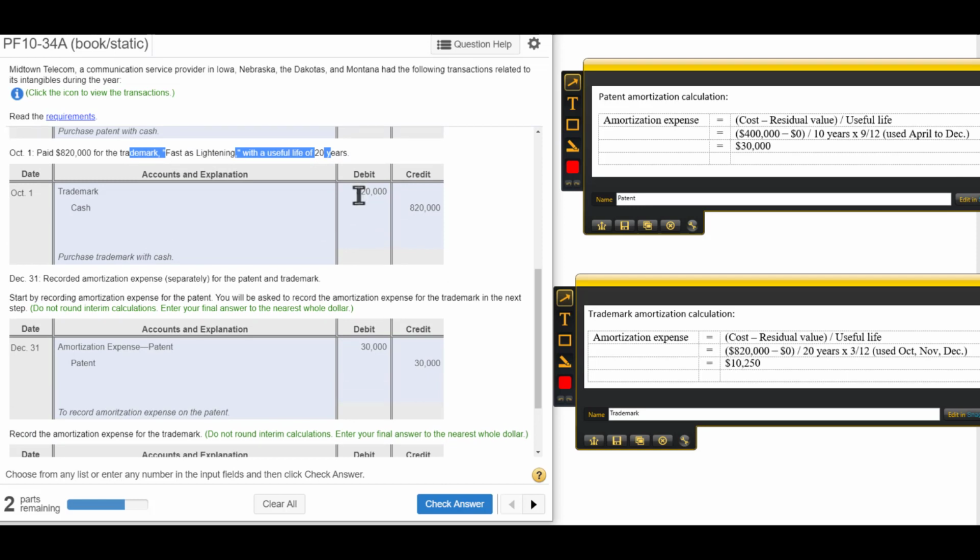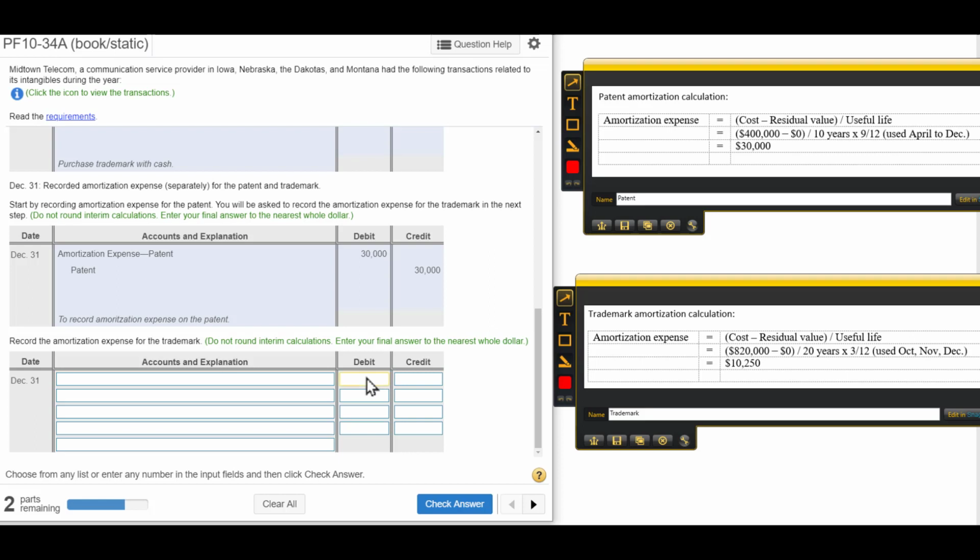The cost was $820,000, which we get from here, minus the zero residual value, which most intangibles have, divided by 20 years, which I get from here. Notice we bought it on October 1st, so we're going to use it for October, November, December. So we use it for 3 months out of 12. So 820,000 divided by 20 times 3 divided by 12 gives us $10,250 of amortization expense for the trademark.